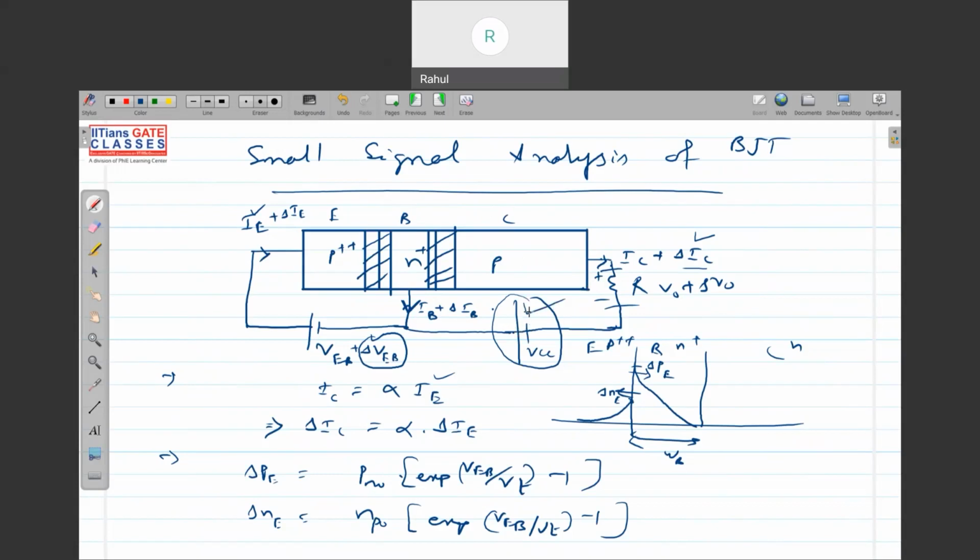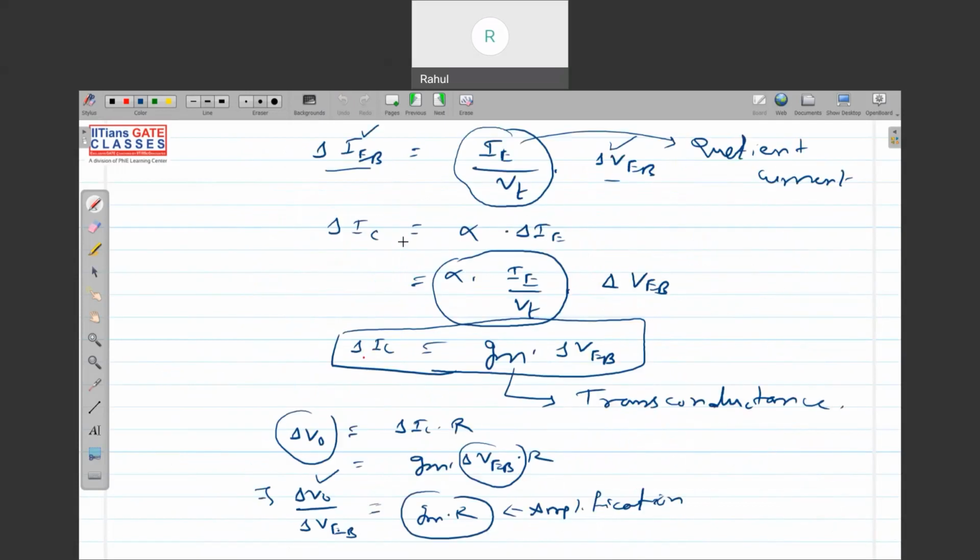So this will ensure that in the entire excursion of the signal and the operating point, this will never forward bias the collector base junction, so it won't disturb the transistor action.